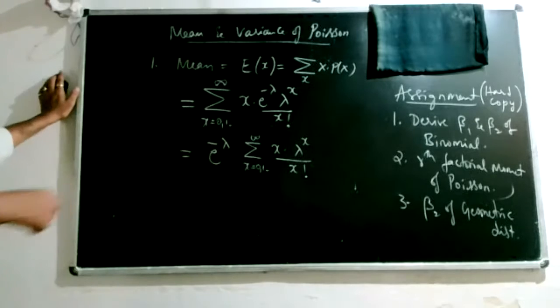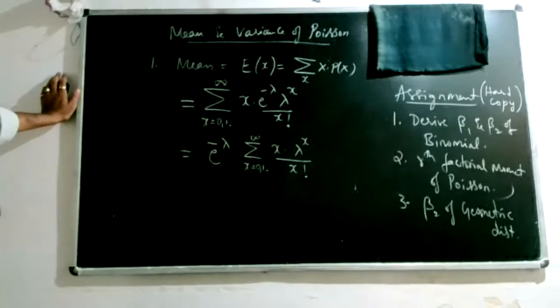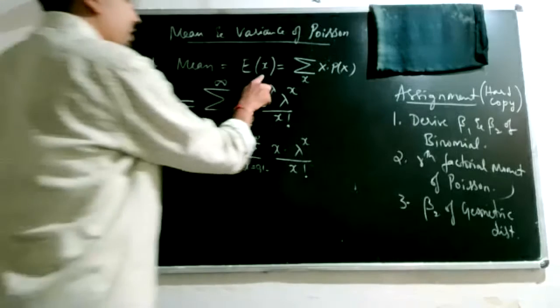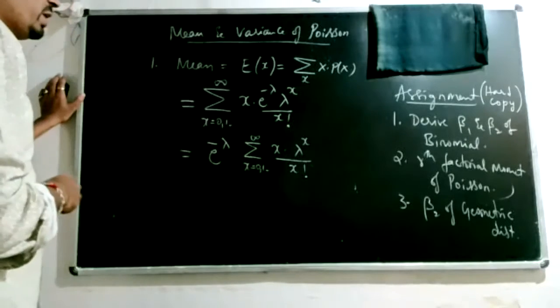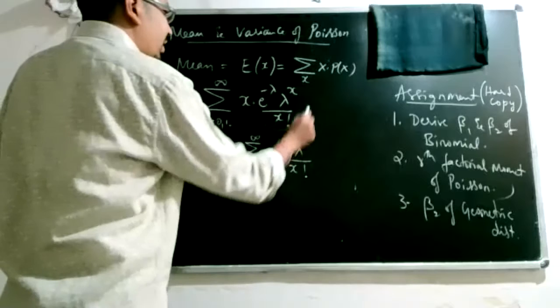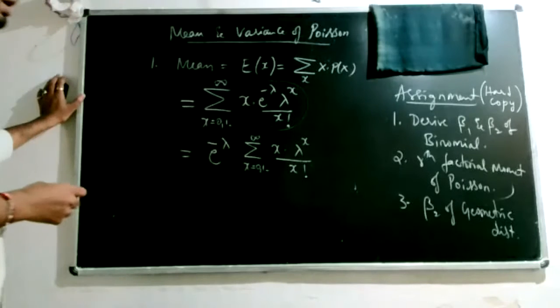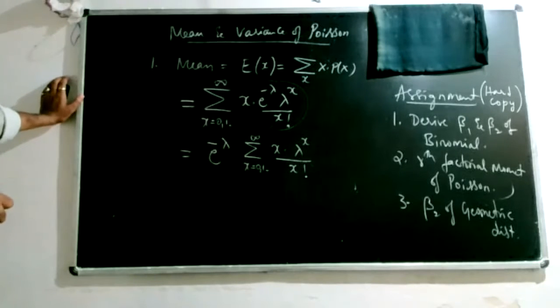Start from here. Mean and variance of the Poisson distribution. So we have the definition of mean, summation of x into px, and px of Poisson is e power minus lambda, lambda power x by x factorial.